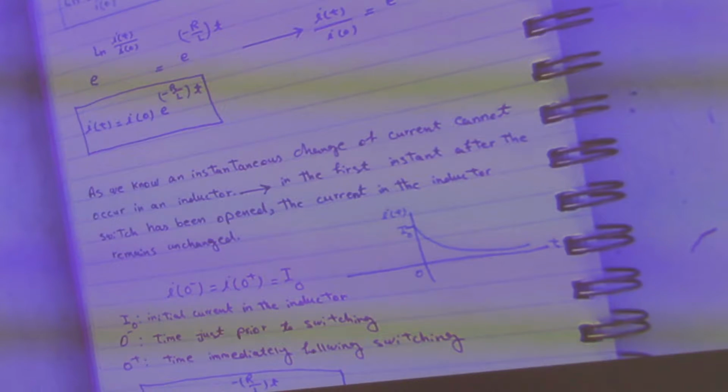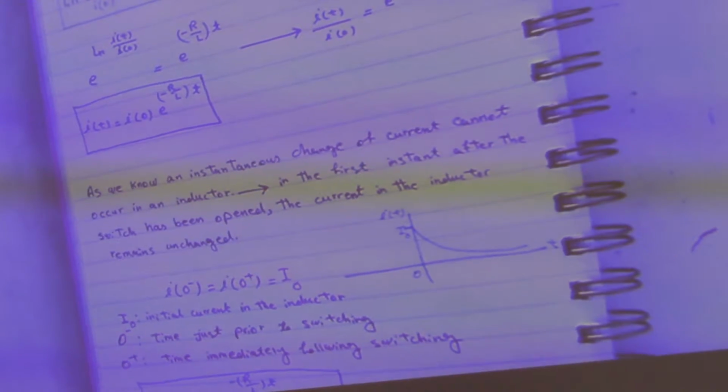At time t equal to 0, we open the switch. So if our reference time is 0, we put 0 to T, and we get something like this. So for a certain amount of time, we want to know how our current changes with time. Clear? Question? Okay.